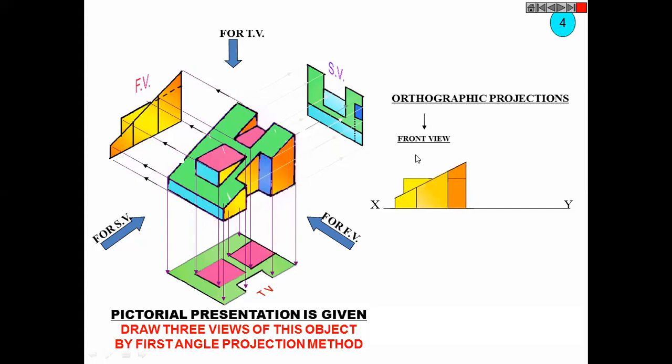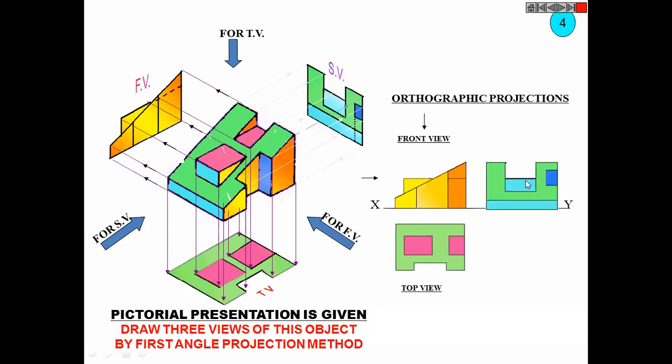Then the top view will come below. We generally assume that it is not touching both the planes together. It is generally some amount away. There is no fixed amount, but we can take 1 centimeter to 2 centimeter away. So this is the top view, which is coming underneath the front view, and we will have the side view here. This is again resting on the horizontal plane.